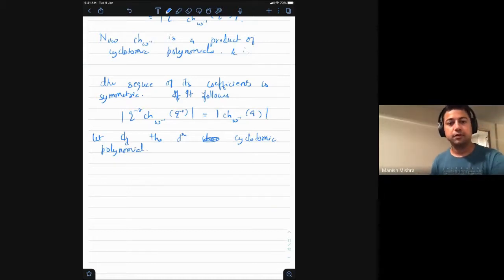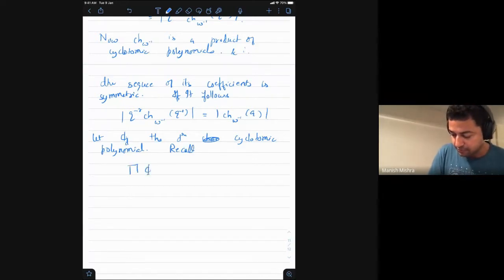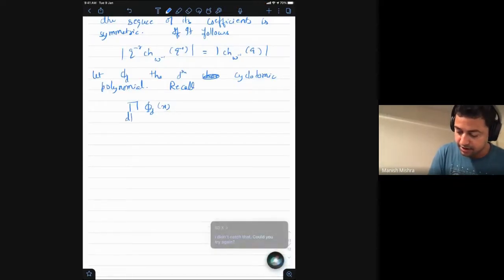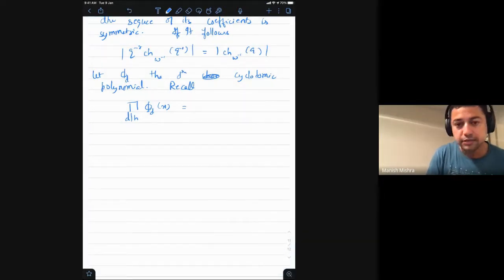Okay, so then recall this fact that phi_d(x) for d dividing h divides x to the power h minus 1.